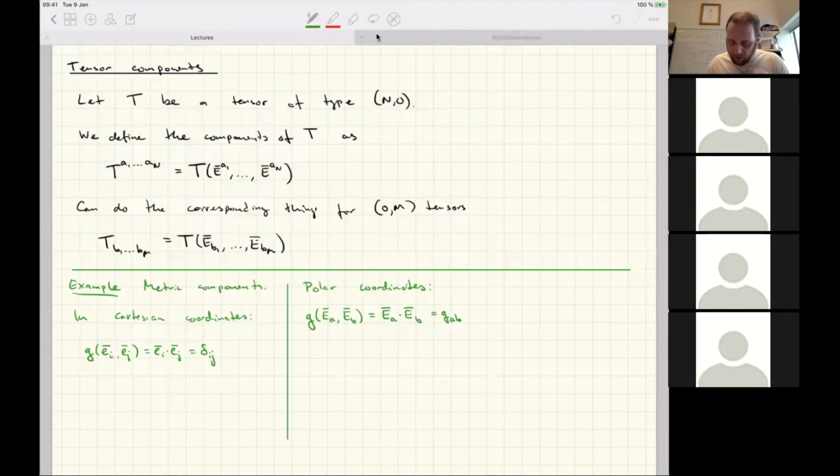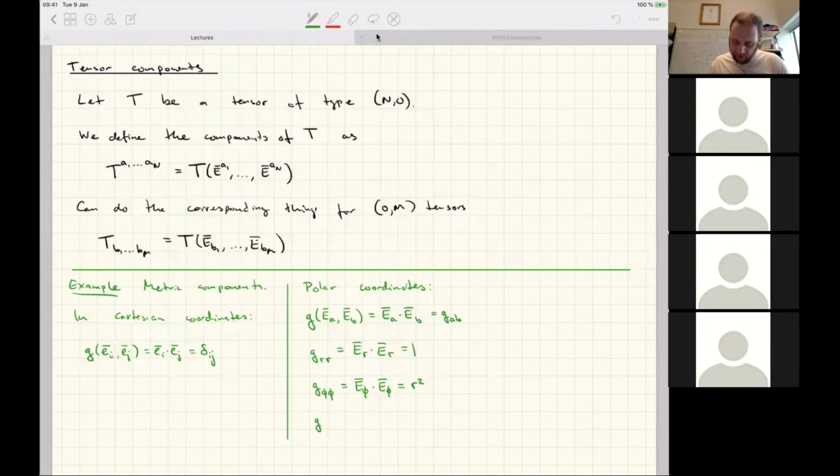So if I want the g_rr component of this tensor, that would be e_r inner product with e_r. That happens to be 1, if you go back to when we computed the tangent vector basis. However, if I take g_phi phi, that's e_phi with e_phi. That's no longer 1, that's r squared.